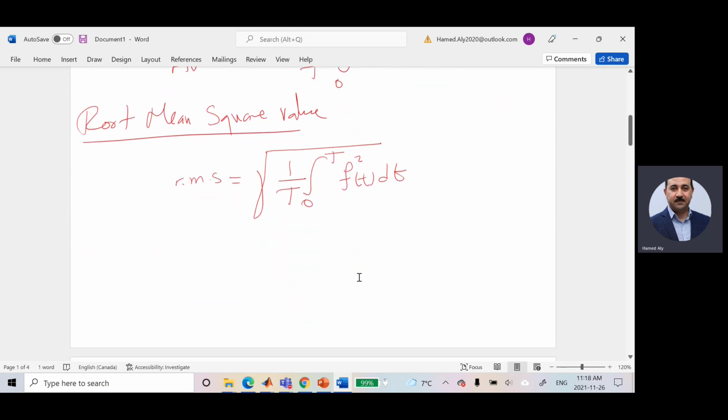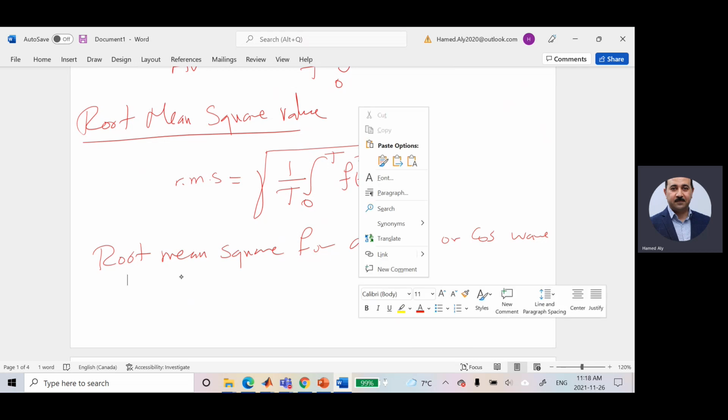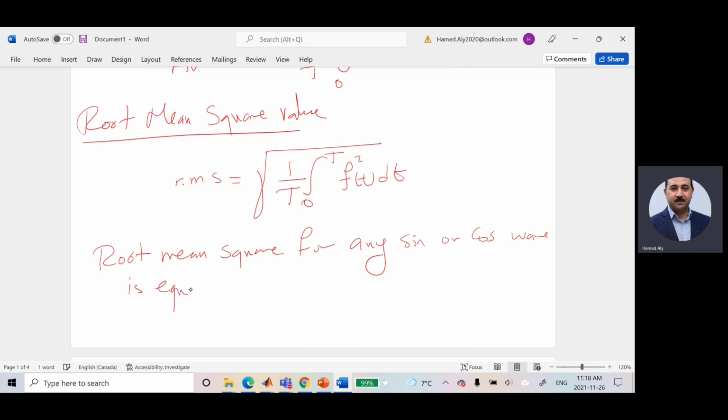And they found that the root mean square for any sine or cosine wave, if it is a pure sine wave, where I didn't cut part of it, like by using a diode, is equal to the maximum value divided by root 2.